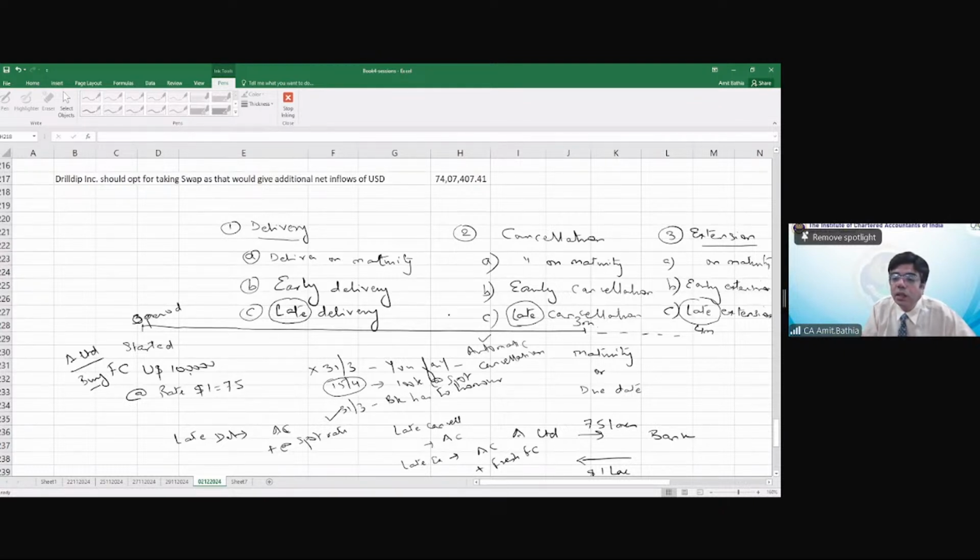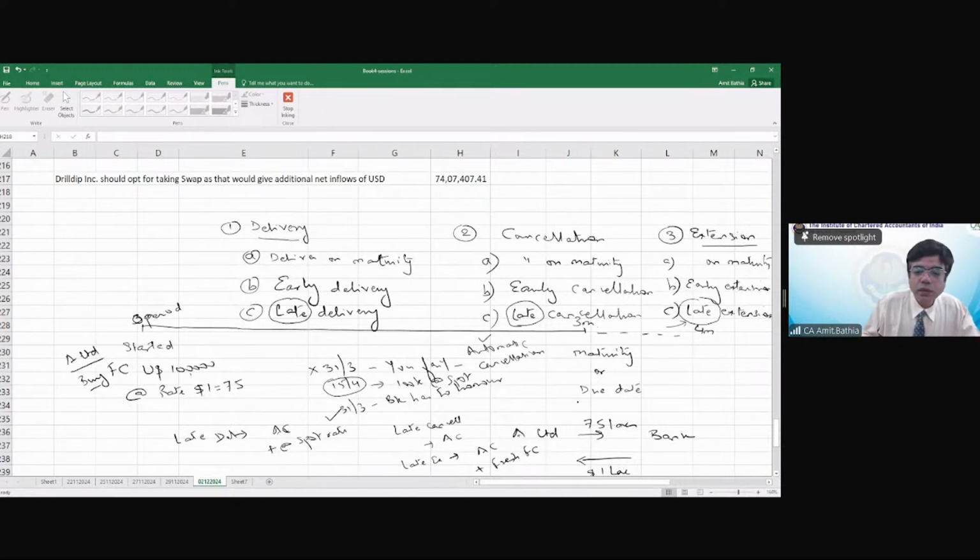When it is late extension, say for example, your foreign currency has appreciated in value. That benefit will not be passed on to the customer. But if there is any loss of currency value, that loss will have to be transferred to the customer. So the customer will be liable to bear the loss, but will not be eligible for the forex appreciation.